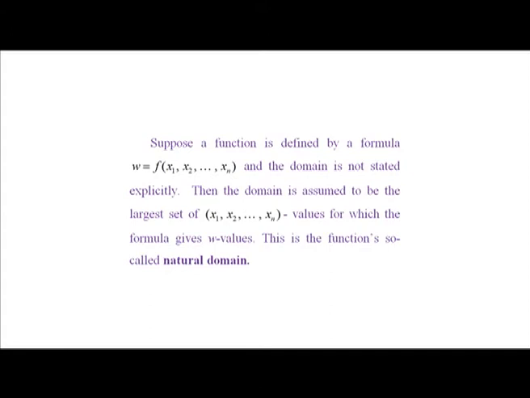This is the function's so called natural domain. Hence, if the domain of a function is not defined explicitly, then its domain is obtained by excluding inputs that lead to complex numbers or division by 0. This is illustrated in the following examples.